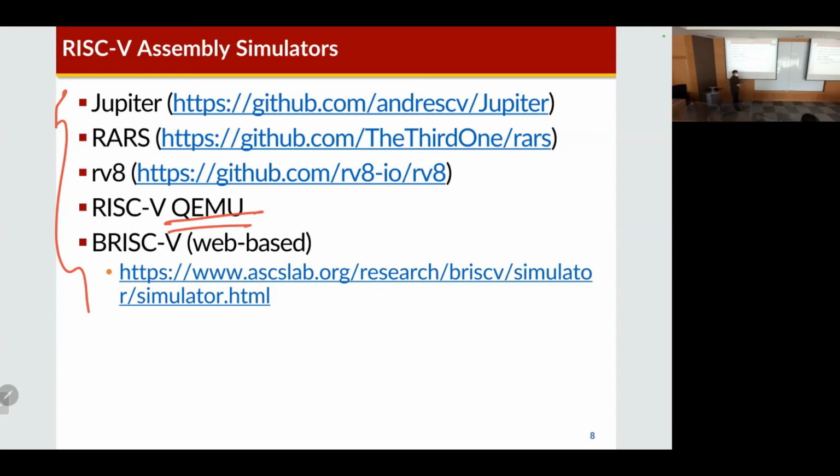Actually, VirtualBox on an x86 processor can only run x86 operating systems. But QEMU is different. QEMU is also a kind of virtual machine, but it supports different instruction set architectures, which means we can run RISC-V on x86 CPUs.